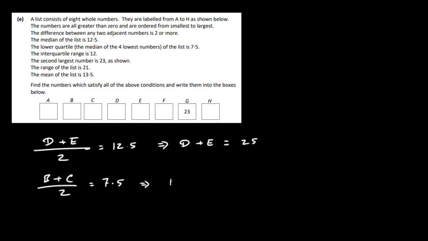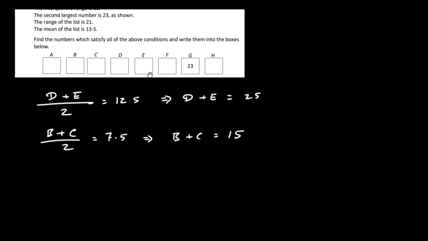So that just means B plus C is going to give us 15, multiplying across by 2. The interquartile range is 12. So that means if we take Q3 minus Q1, our answer will be 12.